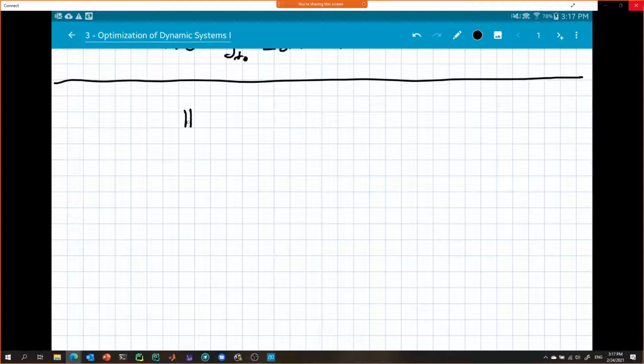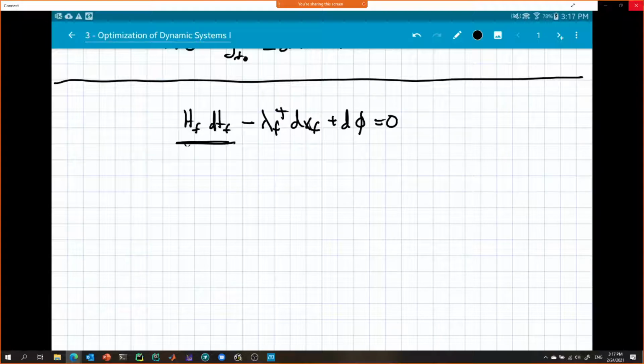so we have h t. This is as given in Langowski's optimal control book. So in this case, this we don't know yet because time is fixed.